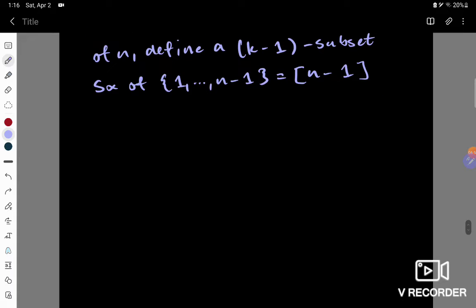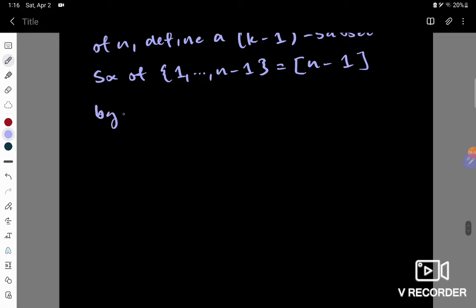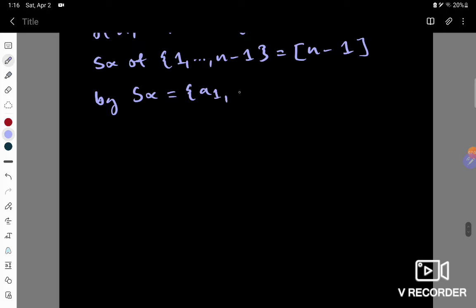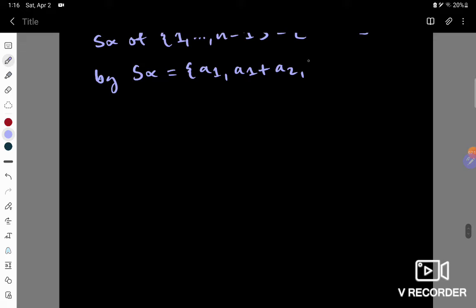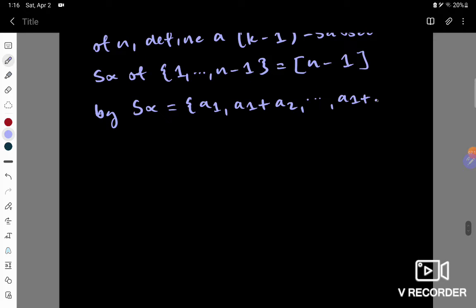And the sentence doesn't end there, so we want to define S alpha equals a1, a1 plus a2, and so on till a1 plus through a_{k minus 1}.